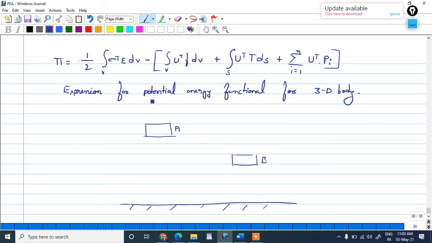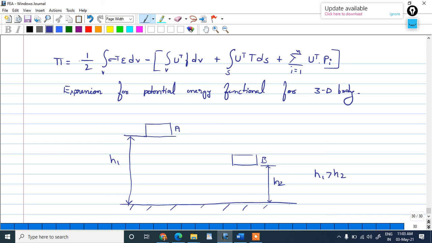Now you can see that we have a difference in height: this is h1, which is more than this h2. So h1 is greater than h2. Here we are considering two bodies, A and B, which have the same weight and will be falling through different heights, h1 and h2. Whatever the boundary condition and the compatibility condition, both are satisfying them.